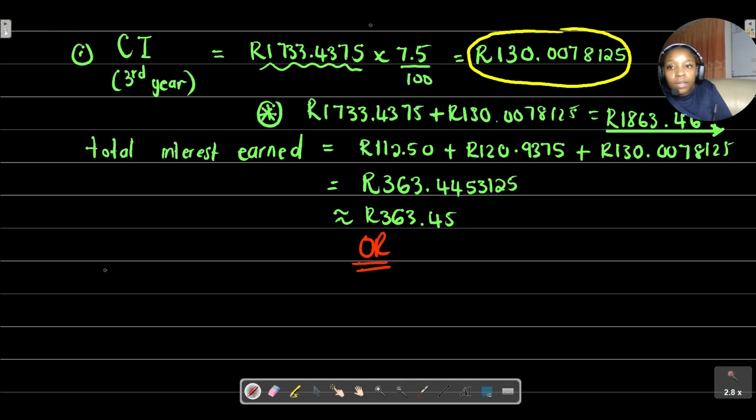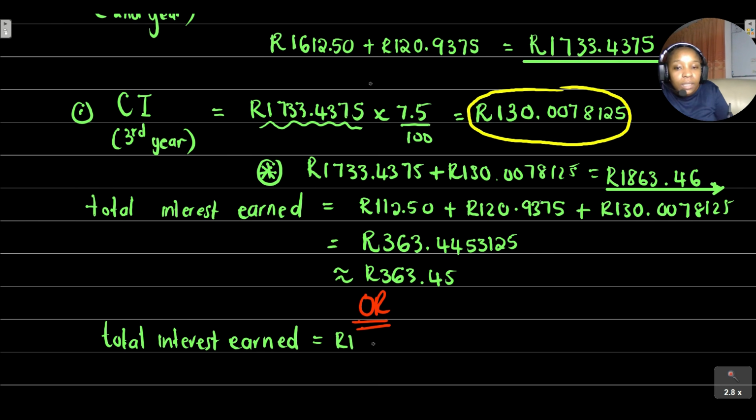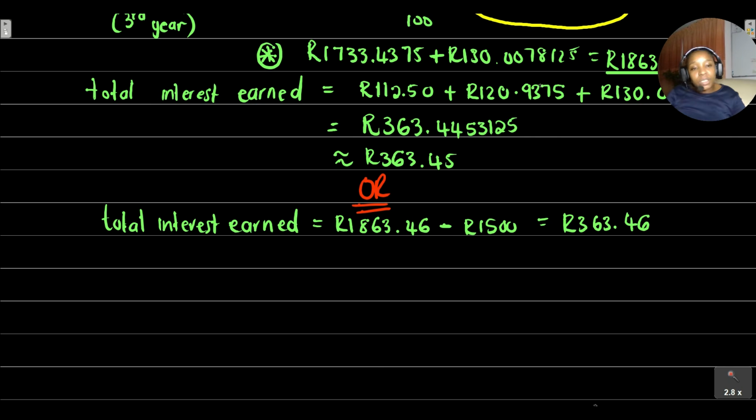If you wanted to calculate the total interest earned at the end of the investment period, we could have also just taken that 1,863.46, then minus the initial amount that you've invested, and then you'll still get the same answer of 363.46. So that's just the total interest.